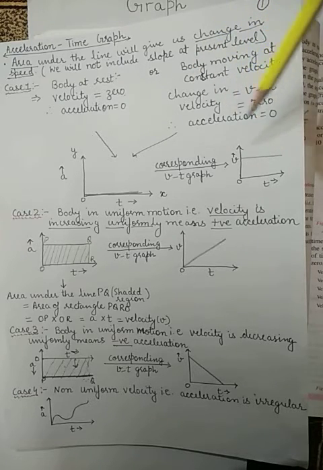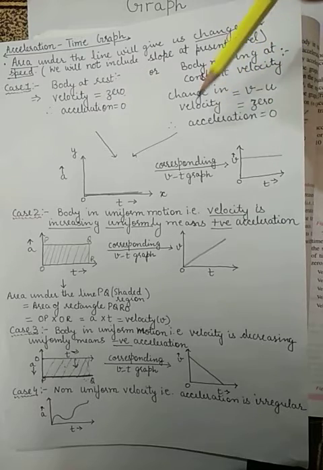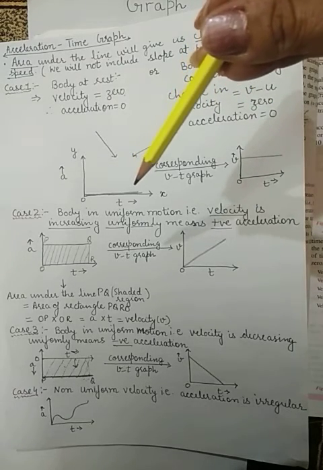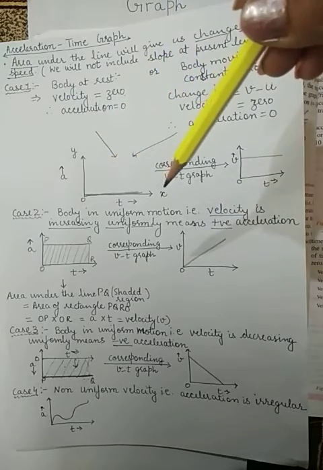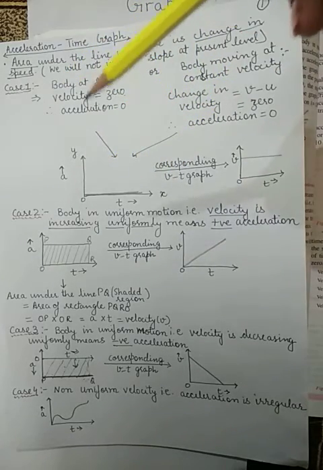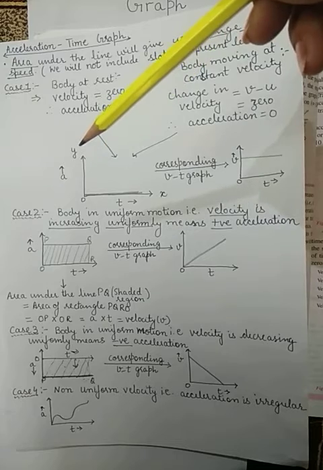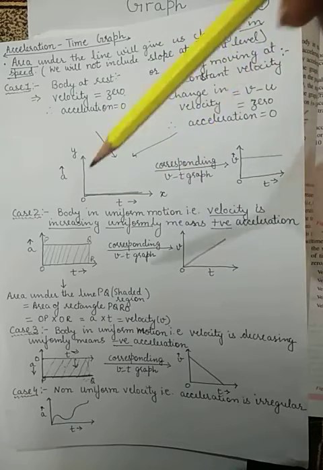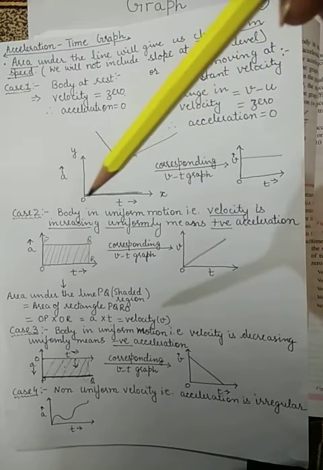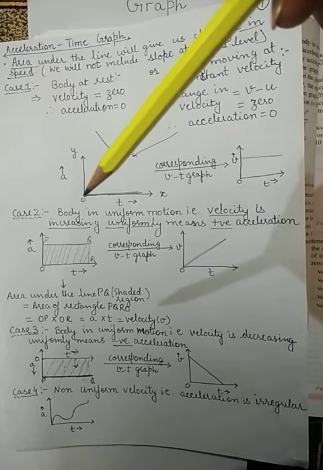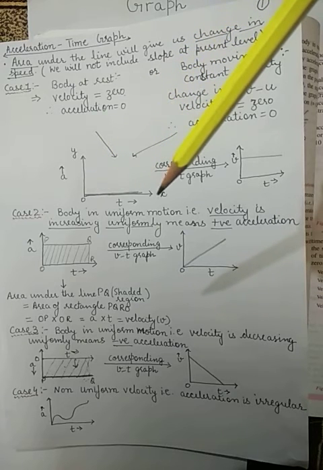Now for this scenario, how to represent the data? The graph will be this one, the same graph which we have shown for body at rest. Acceleration on the y-axis, time on the x-axis, but because acceleration is 0, you will show a line along the x-axis.